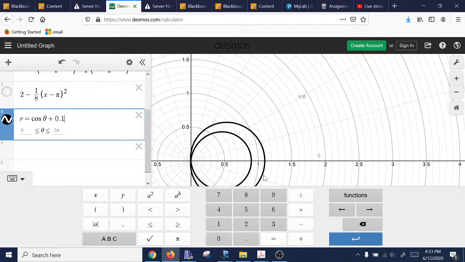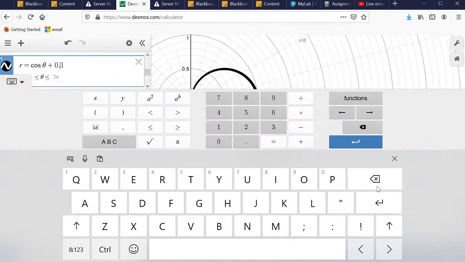Doing this is kind of a nice way of showing off that, even if I was just sketching r equals cosine theta, I might add a 0.1 or a 0.01 to show off that actually there's two loops happening there. 0.01, maybe 0.05.